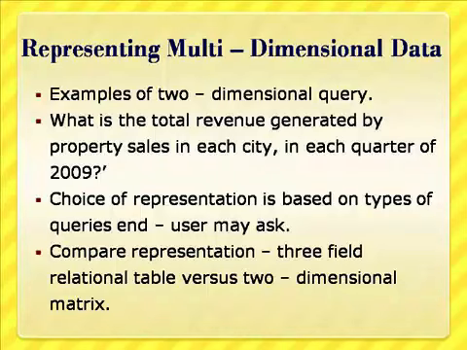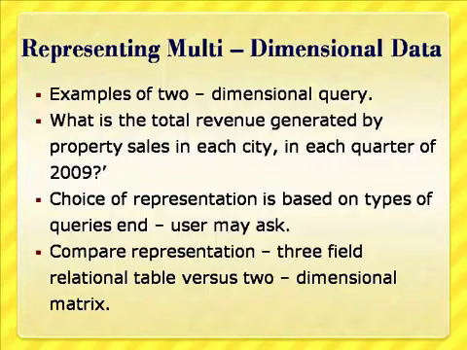Now if you observe the table representation, in order to represent all the sales in each city for each quarter in the year 2009, we need 3 columns. The first column is for city values, the second column is for quarter names, and the third column is for storing the measure.